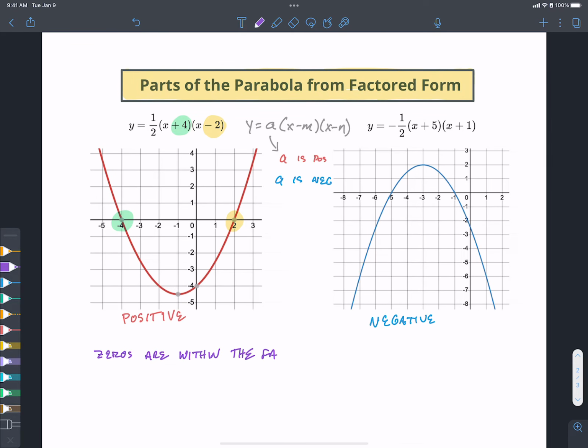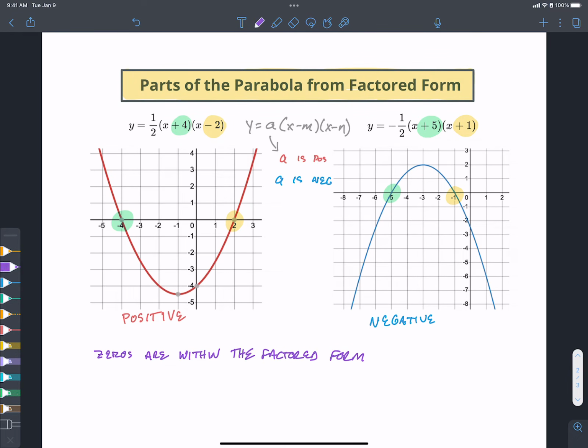And we can probably see on the blue graph that, looking at this positive 1, there seems to be a negative 1 right here. So maybe this one corresponds with this. And then over here, it looks like this positive 5 has a negative 5 right there.